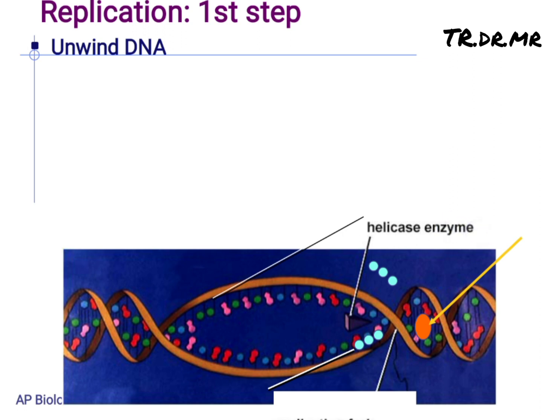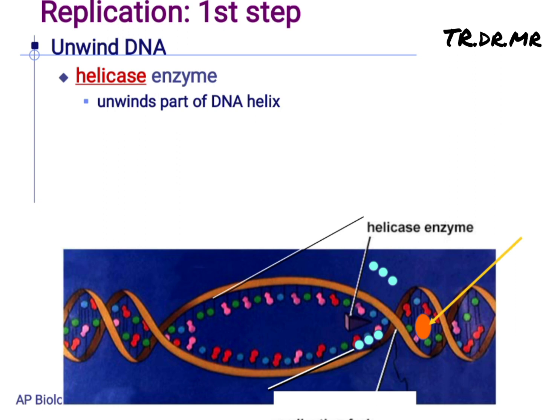After unwinding the DNA, these nucleotides are sticky, so they have a tendency to rewind with each other. So the helicase enzyme is very important when it comes to unwinding the DNA helix. It unwinds in both directions, and it creates what we call the replication fork.